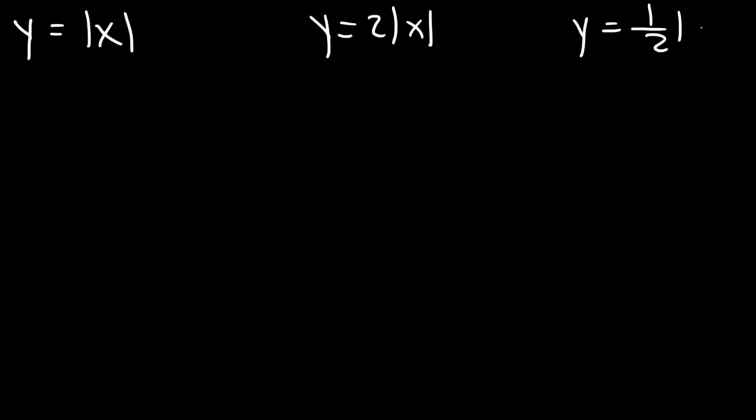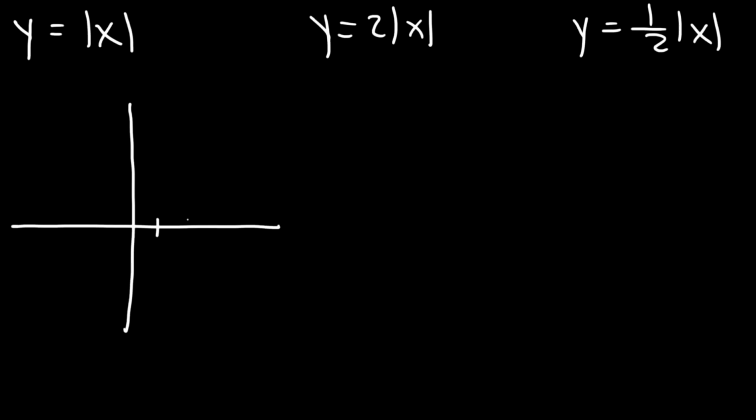Now let's graph these 3 functions using points: the absolute value of x, and then 2 times the absolute value of x, and then 1/2 times the absolute value of x. So we're going to have the points 0, 0, 1, 1, 2, 2, negative 1, 1, negative 2, 2.